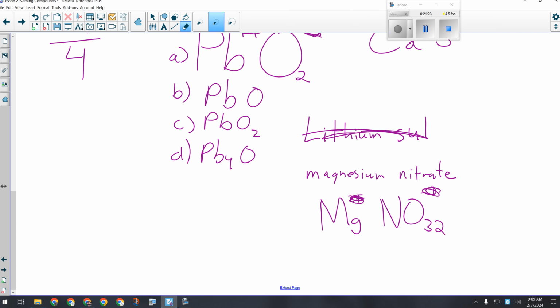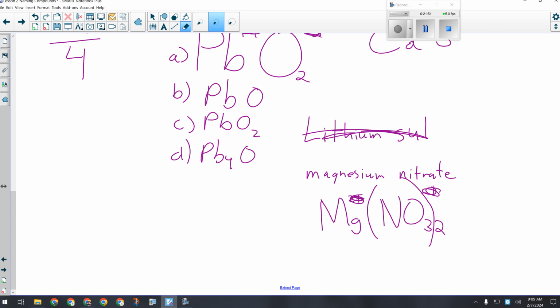Can I leave it like this? Because that means 1 nitrogen and 32 oxygens. This is supposed to say 1 magnesium and 2 nitrate ions. So with polyatomic ions, if you've got to put a number beside them, you have to enclose them in brackets. That's a common one for people to make a mistake.